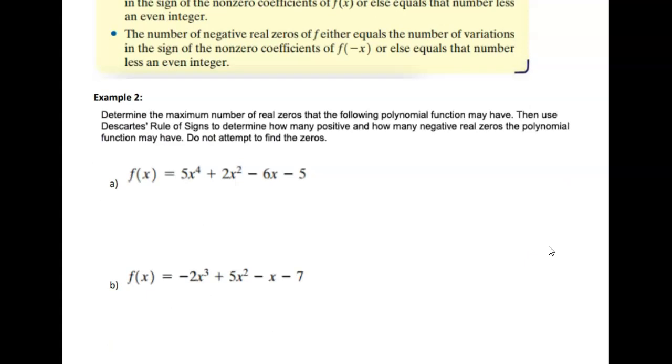So for these problems, first we're going to determine the maximum number of real zeros. Then use Descartes' rule of signs to determine how many positive and how many negative real zeros the function may have. So don't find the zeros, just figure out what the options are. Okay, so this kind of gives us some boundaries in trying to figure out how many zeros we're looking for. All right.